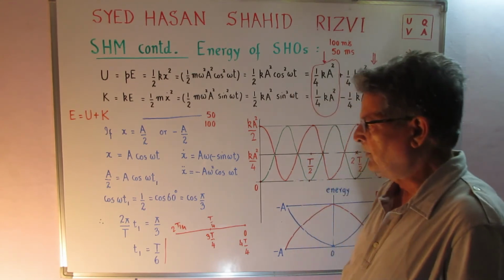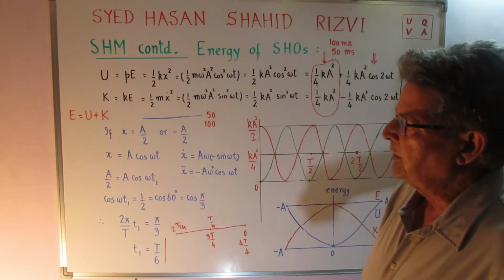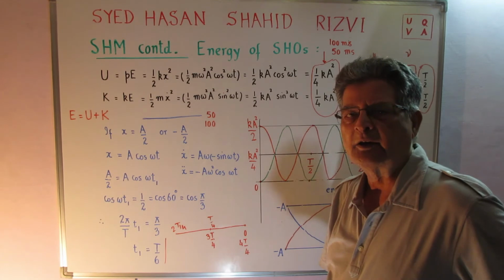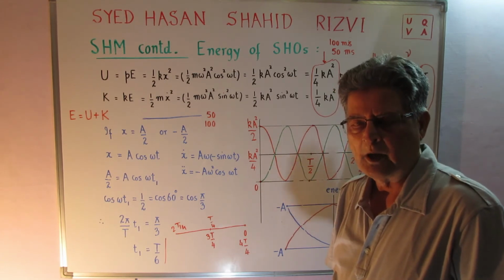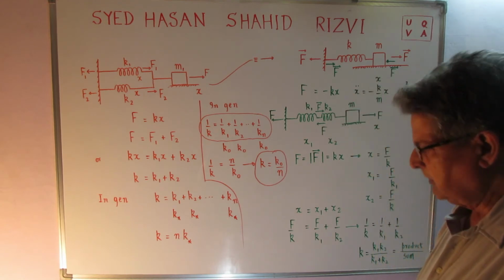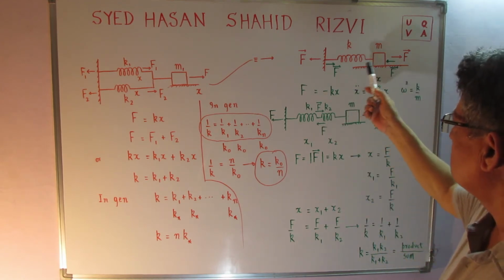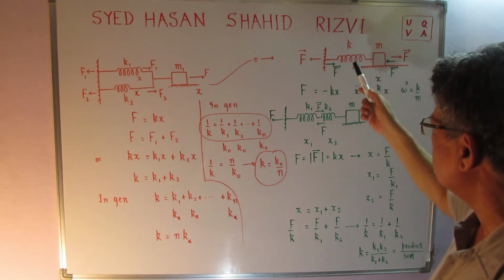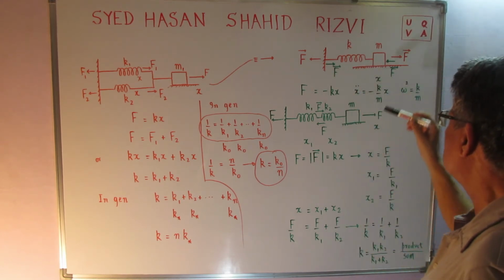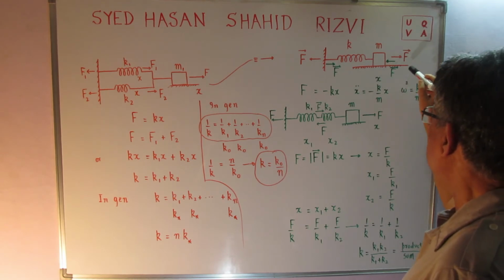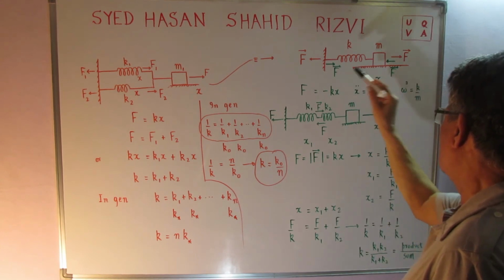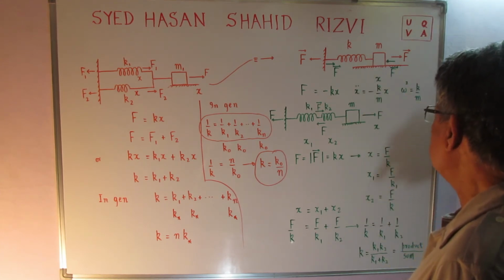So I'll take up just now the combination of two springs with the spring constants K1 and K2 respectively. As I told you, one of the examples of simple harmonic motion is the mass attached to a spring of force constant K, and when it is given a disturbance x, this mass starts vibrating or oscillating.